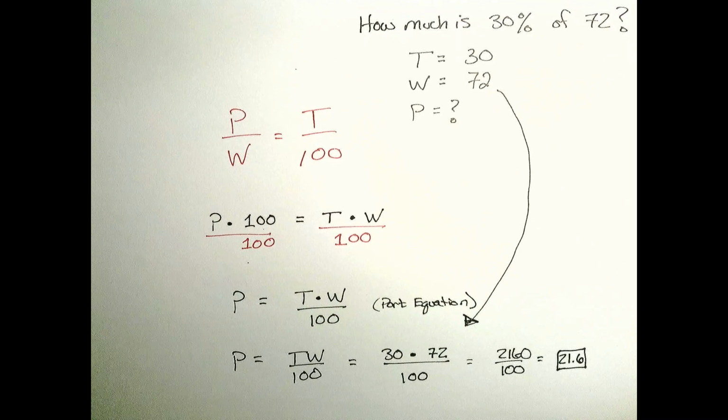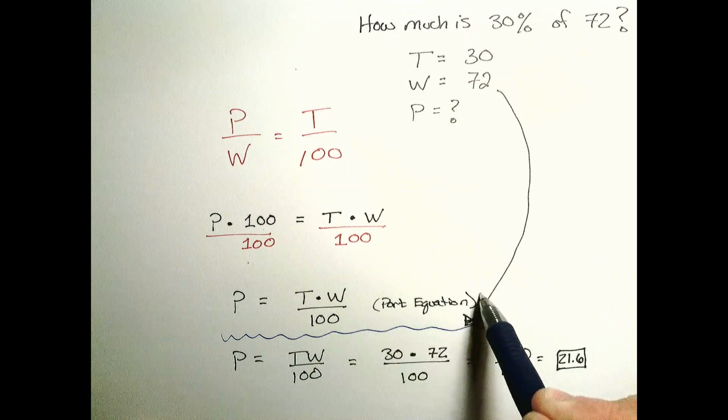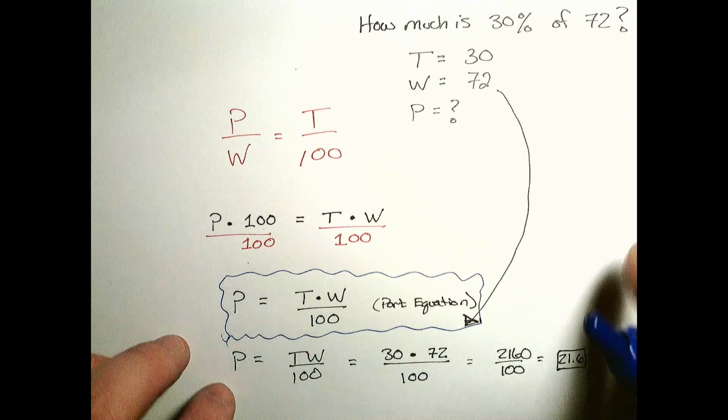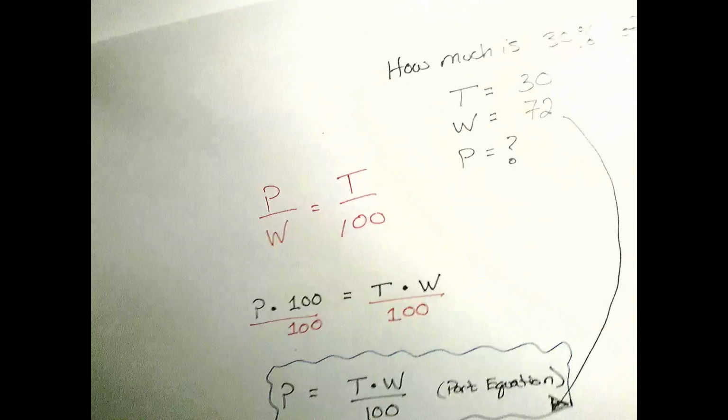So we have an equation for part, and I'm just going to put a big squiggly box around it. We have an equation for part, so we're 1/3 of the way there.